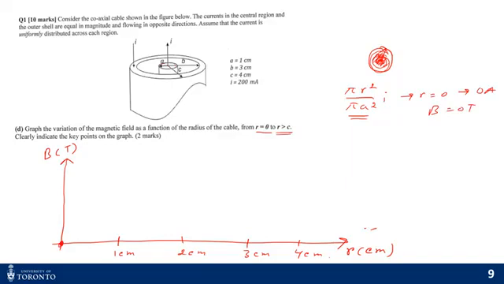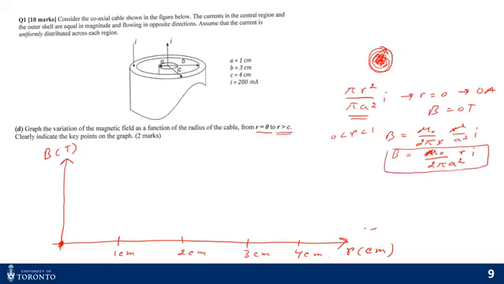Now for this current, if I consider r from 0 to 1, my B is basically mu naught over 2 pi r, times this current, which is r squared over a squared times I. Now these cancel, so I end up having mu naught over 2 pi a squared times r times I. You see it's a linear dependence with r, so this line would have a linear dependence with r.